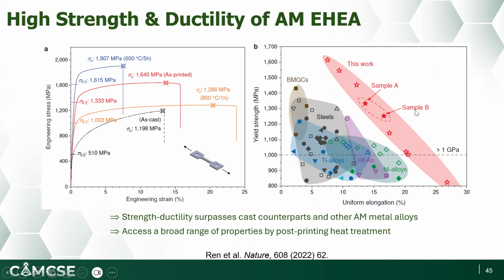These allow us to achieve a broader range of exceptional mechanical properties compared to other 3D printed metals such as steels, titanium alloys, or nickel-based superalloys. So these 3D printed eutectic high-entropy alloys allow us to achieve properties that really surpass those of conventional 3D printed metal alloys.